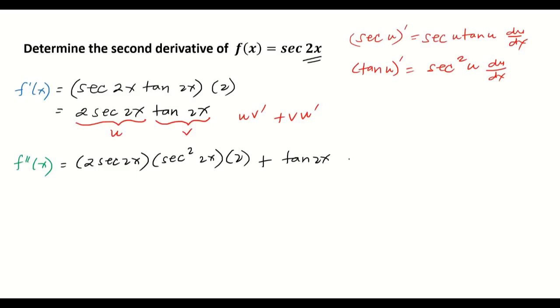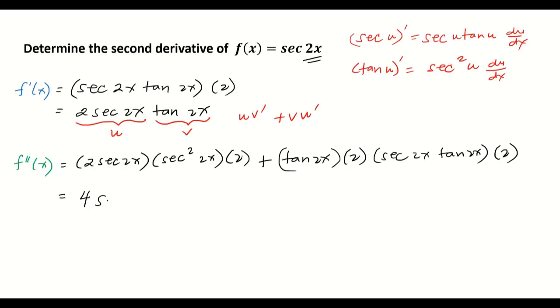So we have 2 times the derivative of secant 2x. So this would be secant 2x and then tangent 2x, and we need to get the derivative of 2x, so this would be 2. Simplifying, we have 2 times 2, which is 4, and then we can combine secant 2x and secant squared 2x.